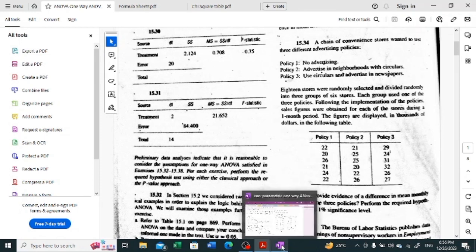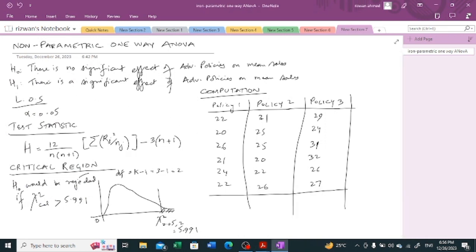I have already written down the null and alternative hypotheses, which will not be different from the ones we stated in parametric one-way ANOVA. So H0 would be there is no significant effect of advertising policies on mean sales, and H1 would be there is a significant effect of advertising policies on mean sales.